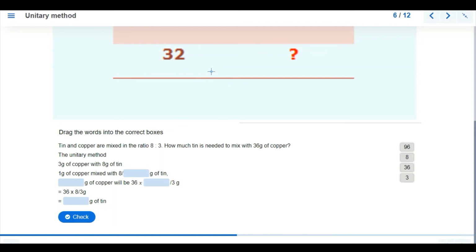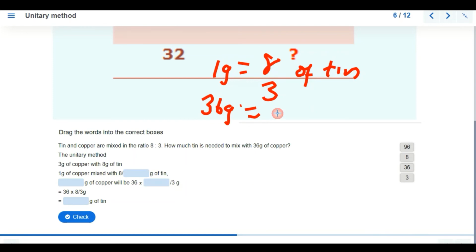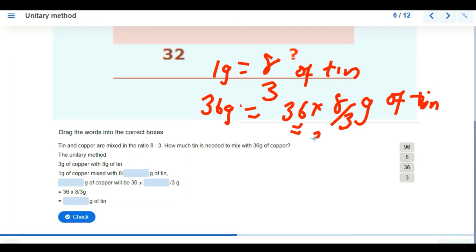Here we have 8/3 gram of tin for one gram of copper. So 36 grams of copper is going to give us 36 multiplied by 8/3 gram of tin. So that's what it's going to give us. If you have that, it's going to be 36 multiplied by 8/3 grams.